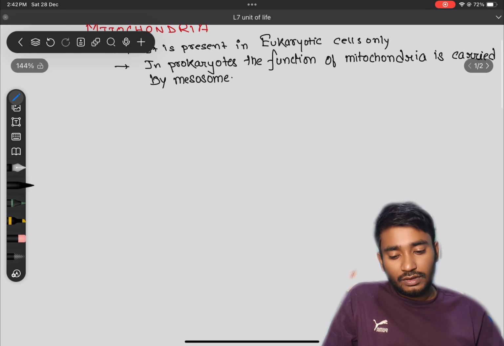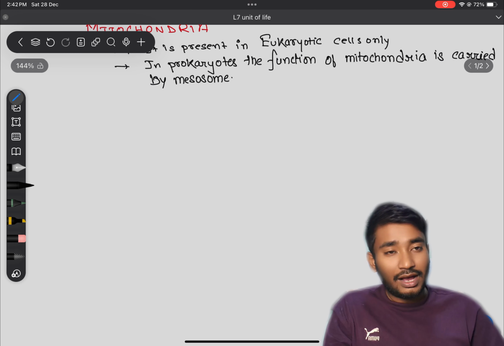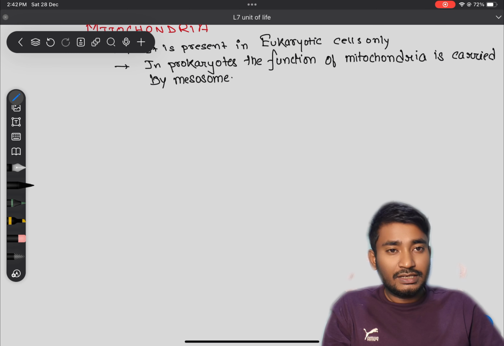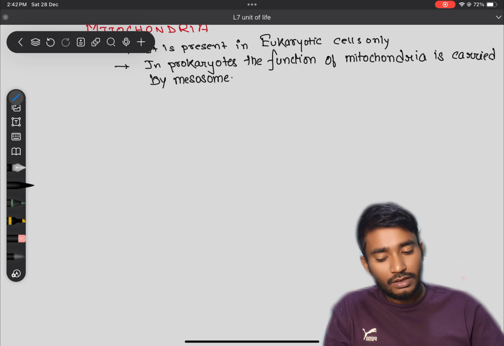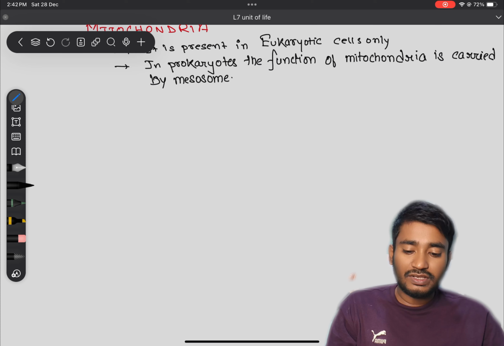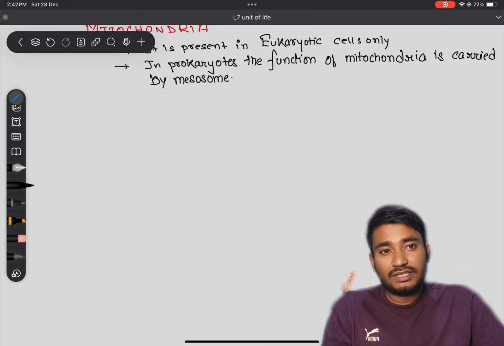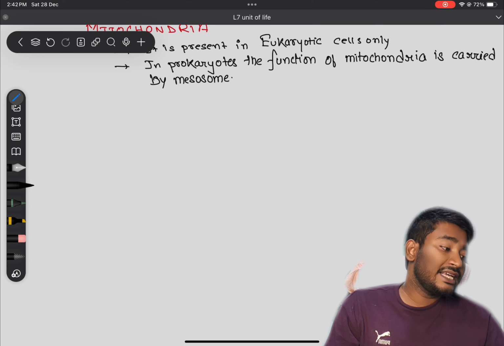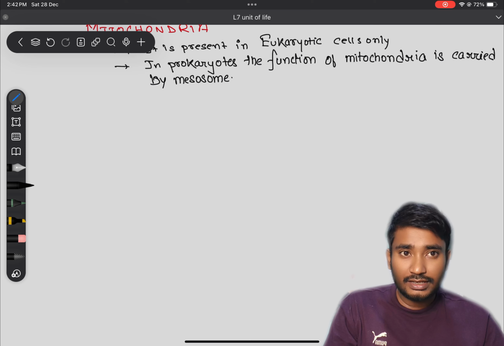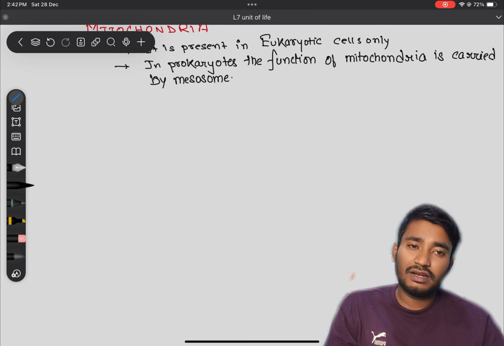Okay, the mitochondria I will write in the short form as M. Not visible under microscope if not stained. So if we do not stain mitochondria, then it is not visible even under the microscope.